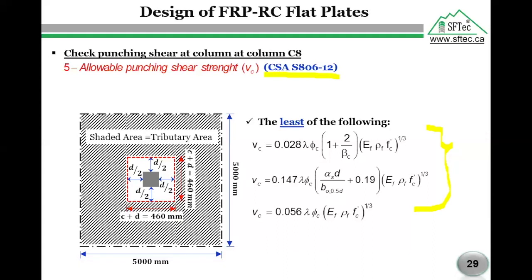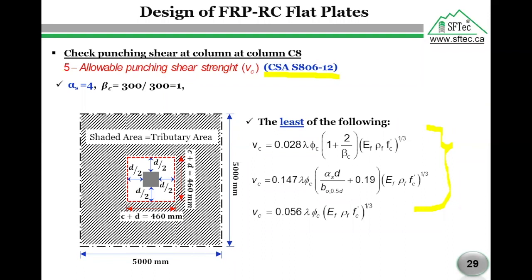These equations are essentially the Canadian standard A23.3 equation with modifications to account for FRP bars instead of steel. In these equations, we have new terms that should be determined, like alpha S. Alpha S is a factor that depends on the column location. We have here an interior column, so alpha S equals 4.